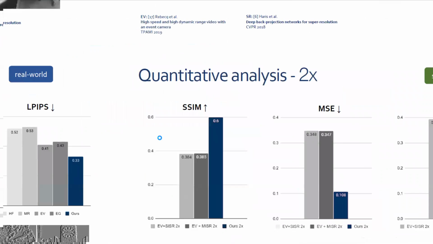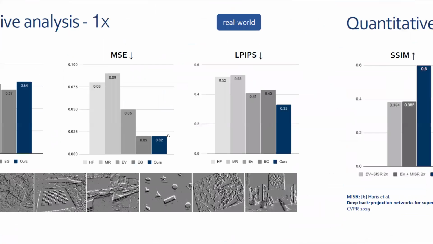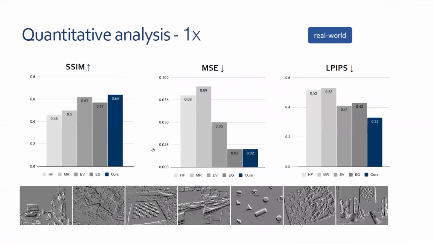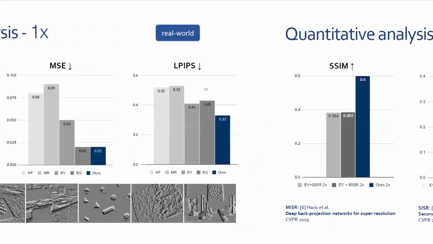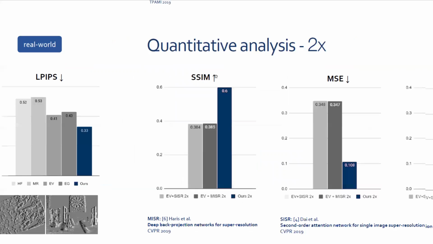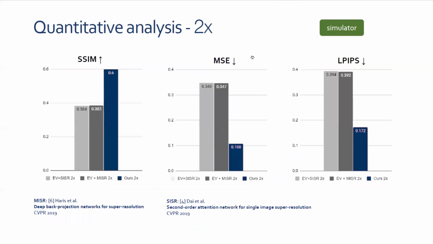We use real world and simulated sequences and show that we outperform previous methods on average in terms of the structural similarity, mean square error, and a learned metric called the perceptual similarity, or LPIPS. That's for real world, and for the simulator, we also do it.